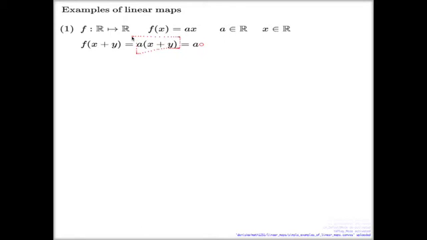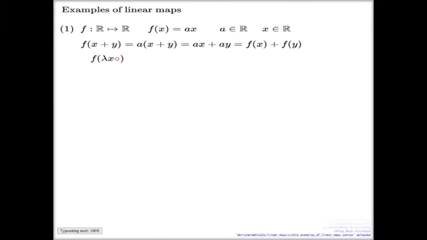For product of numbers, we have the distributive law, and I can distribute A, or in simpler language, expand. I can expand each of the A x and A y terms. I can just use this identity again. It's f of x and f of y. Requirement A of a linear map is verified.